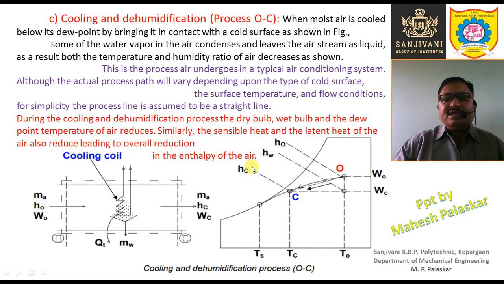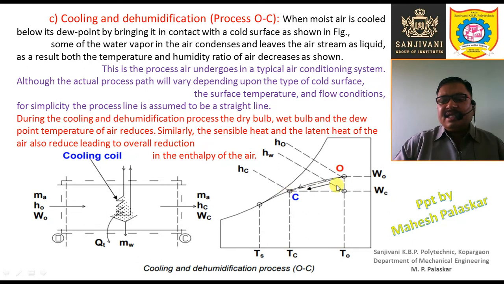So everything is reduced. Here it is very clear that cooling means reduction in the dry bulb temperature, dehumidification means reduction in the specific humidity omega.